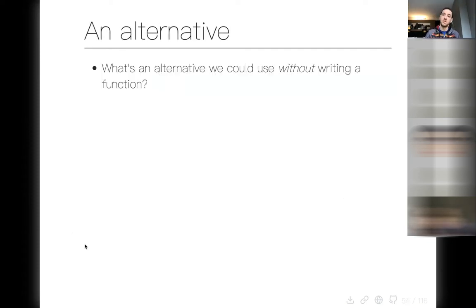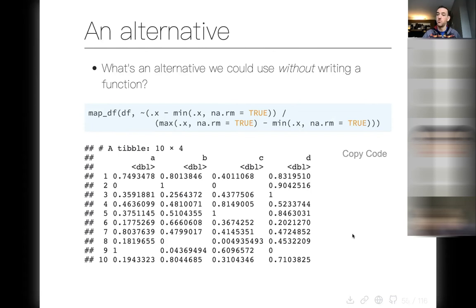As an alternative, we could use a function. There is actually another alternative in this case that we could do without writing a function, which is we could loop it through using our purrr skills. So we loop through df and then we just have to write it once.